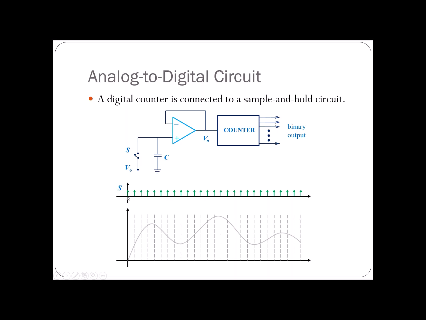So I close the switch, and then I open it, I disconnect it for a certain duration, and then I switch it on again, but I switch it on for a very short period of time, and then I disconnect it again for a certain period, and then I turn it on again for a very short time, and then I turn it off. On, and then off. On again for a very short time, and then off.